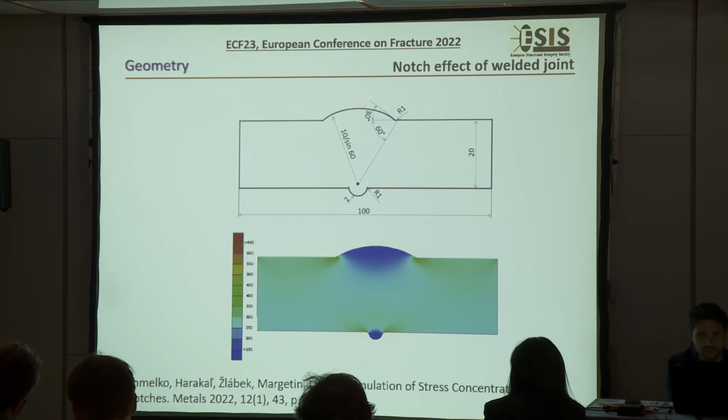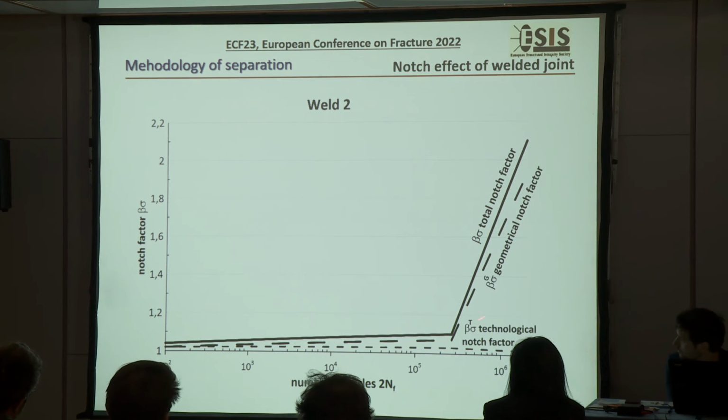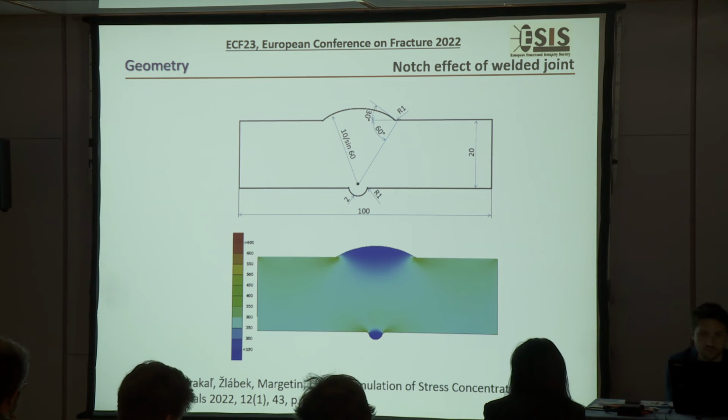If I know this possibility from 100 and more cycles to fracture, and it's possible to remove this geometry to decrease the total notch factor, the question now is whether it's possible to predict how high this geometrical notch factor is, not only by testing, because this is a very long test, not so cheap a test, so we try to simulate this geometry and find this geometrical notch factor by simulation.